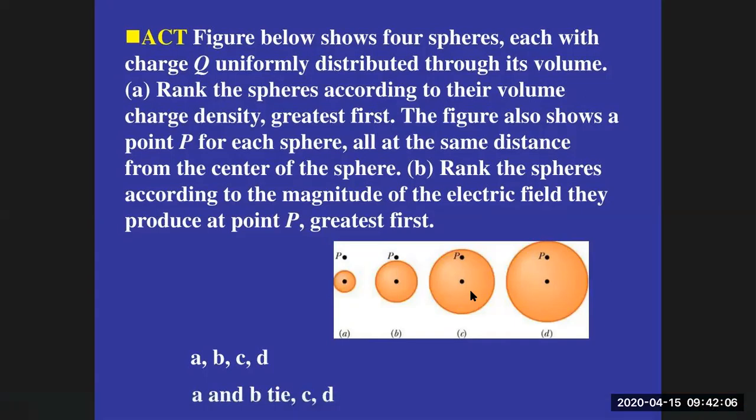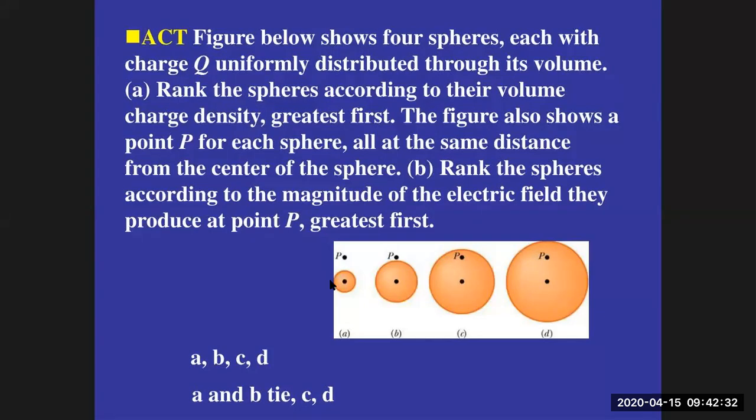It is so easy. Just you have to know how much charge is contained on each sphere. So it is clear in the question that charge contained on each sphere is capital Q. Now, in order to find out volumetric charge density, we have to divide the amount of charge contained on the sphere by its volume. So volume of which sphere is smaller?